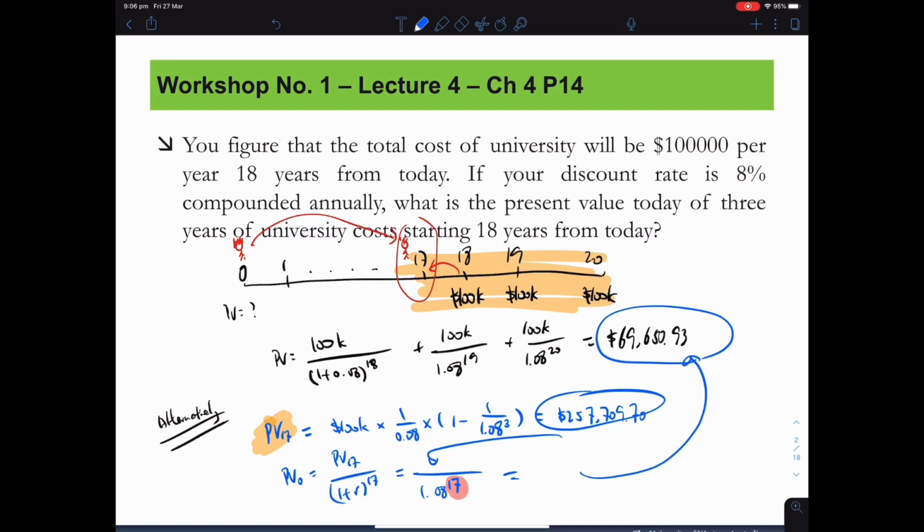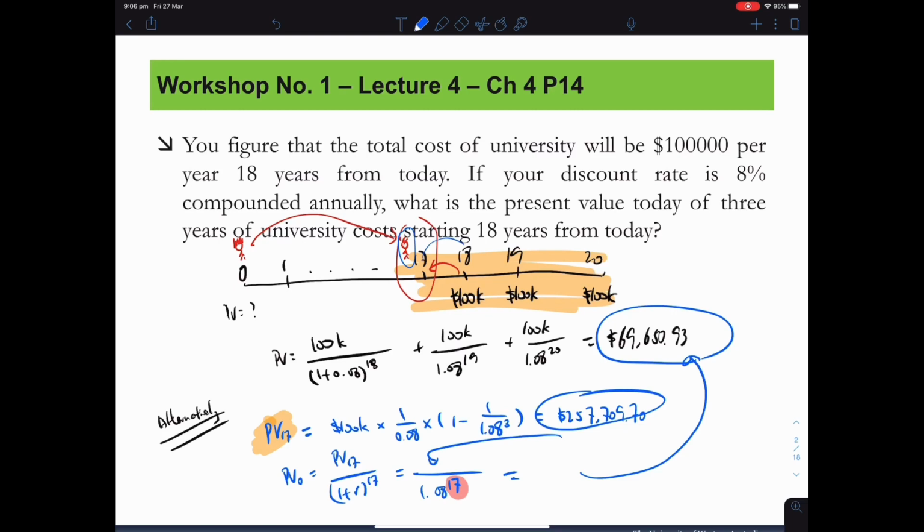But why 17? 17 is because we time traveled 17 years, such that we're then having the right condition for using the present value of annuity formula, because the first cash flow has to be at the end of year 1, right? So if you are here, that will be at the end of year 1, all right?